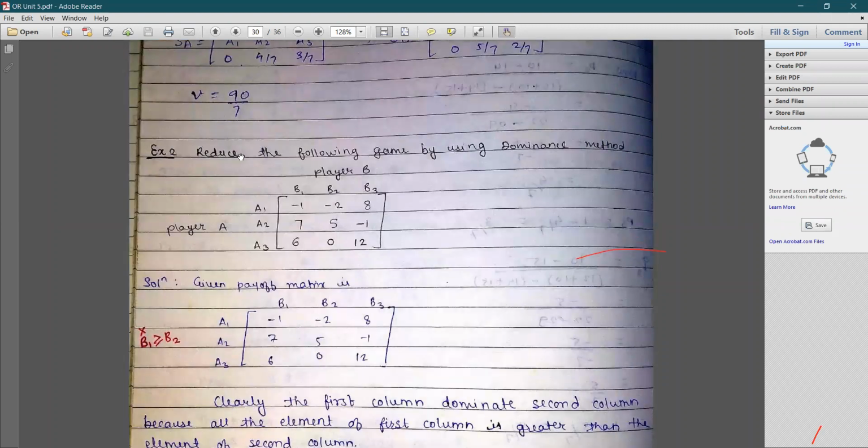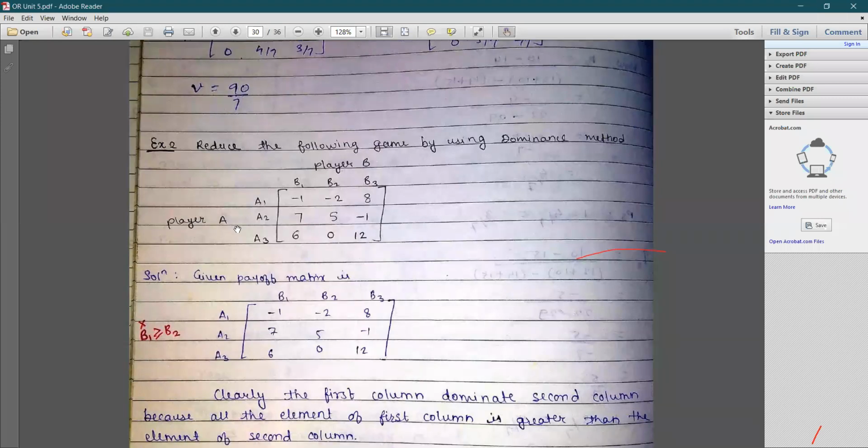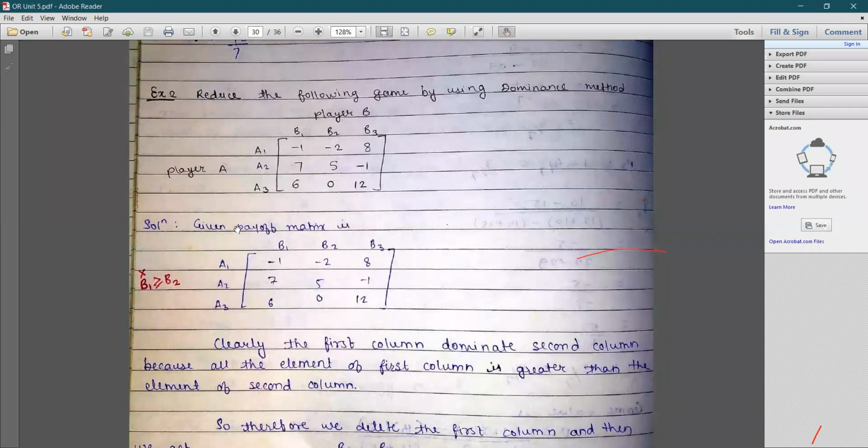Then we see the second problem of the dominance method. Example second: reduce the following game by using the dominance method. Here write the problem, player A, player B. Player A has 3 rows, therefore here A1, A2, A3, and player B has 3 columns, therefore here B1, B2, B3.